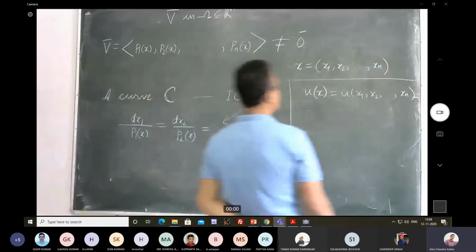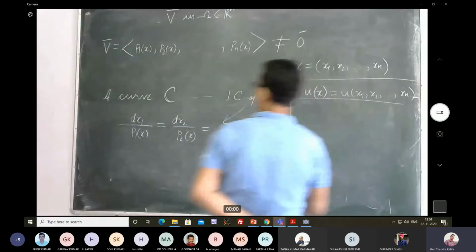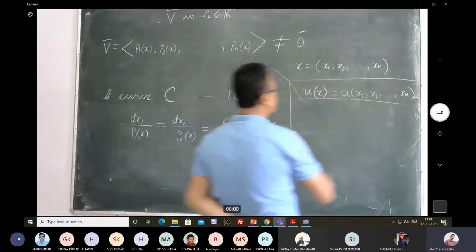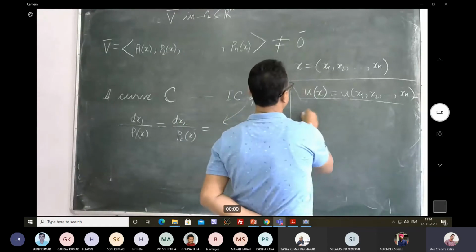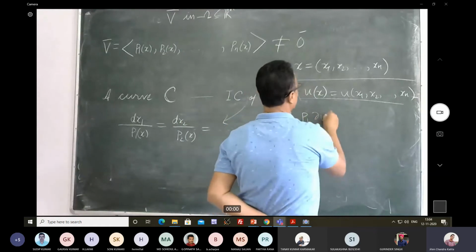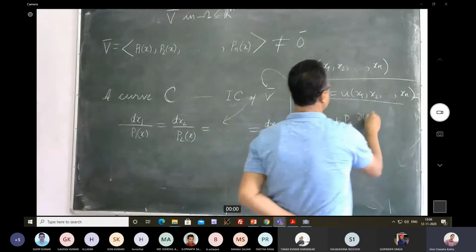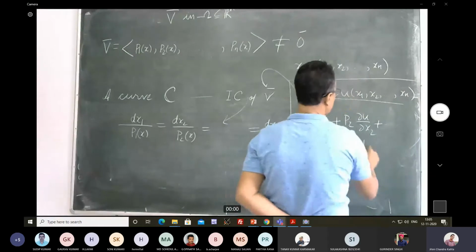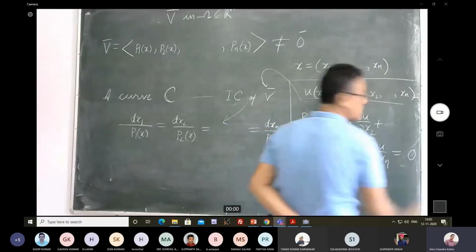So in such a way that this has to be a first integral for the vector field V. So then we must have p1 del u del x1 plus p2 del u del x2 up to pn del u del xn must be equal to 0.